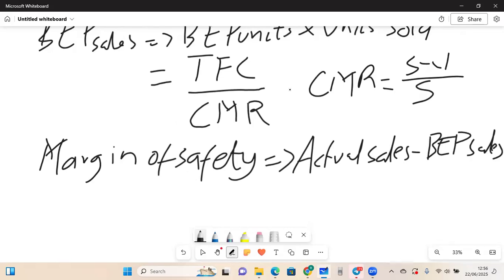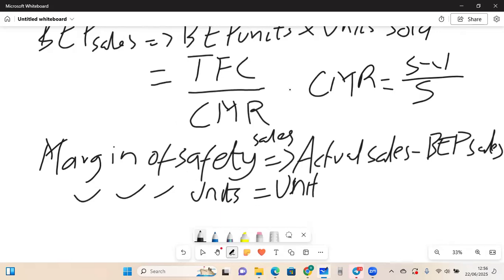That is if you want it in sales. If you want it in units, then it is going to be the units sold minus the break-even point in units, right?